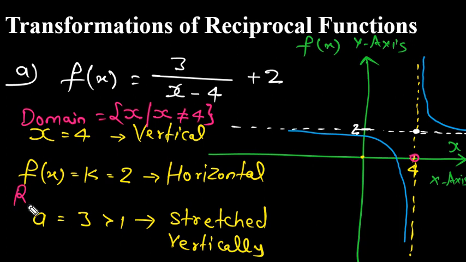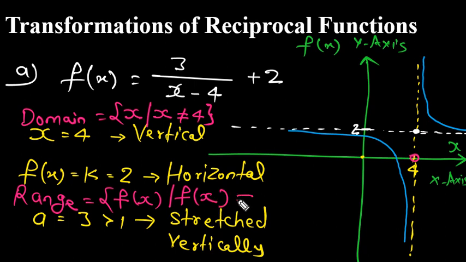Now what will be the range? The range is all real numbers of f of x other than f of x not equal to 2, because here, if you see, the graph is approaching but not exactly meeting 2.